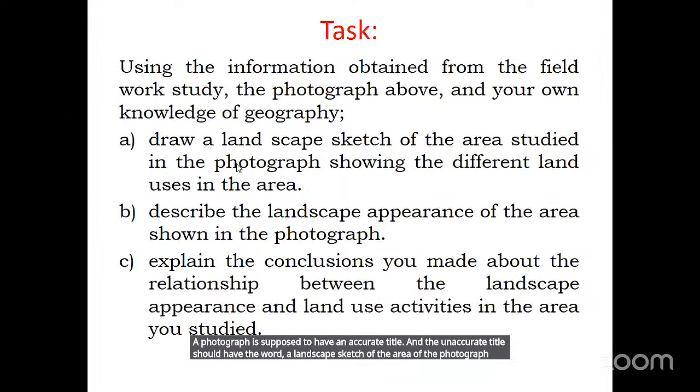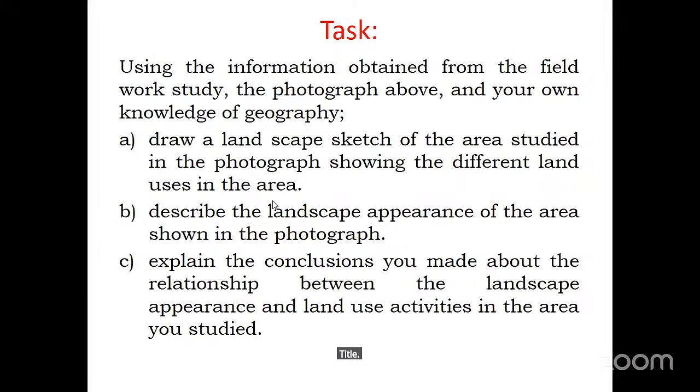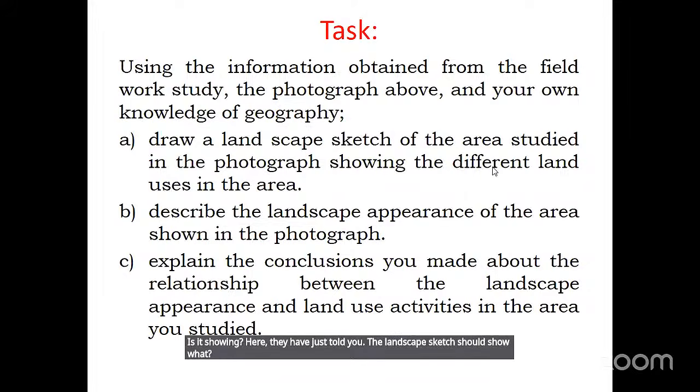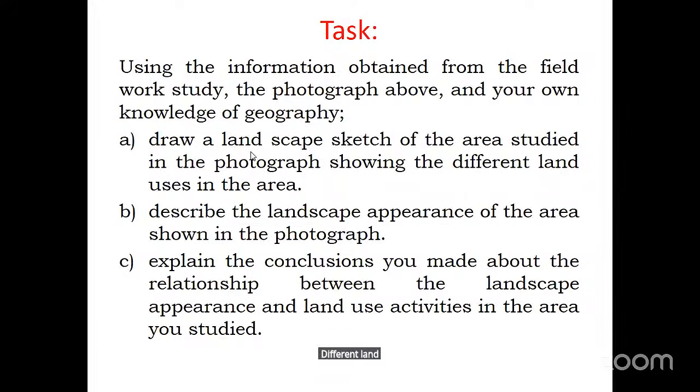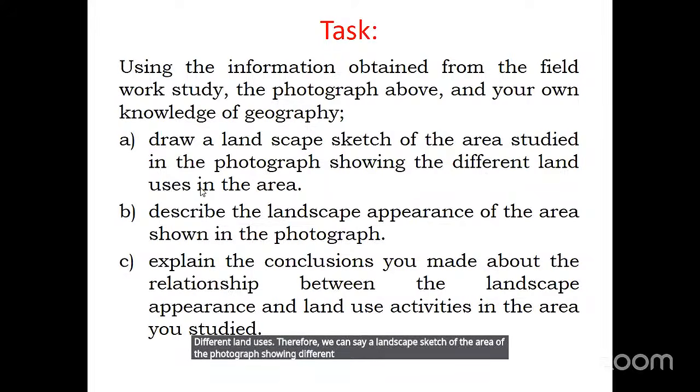The word photograph must be part of your title. Then you tell us what it is showing. Here they have just told you the landscape sketch should show different land uses. Therefore, we can say a landscape sketch of the area of the photograph showing different land uses.